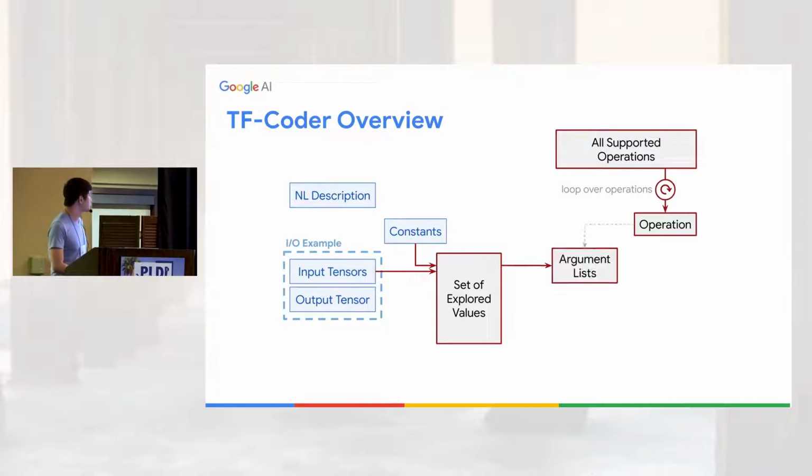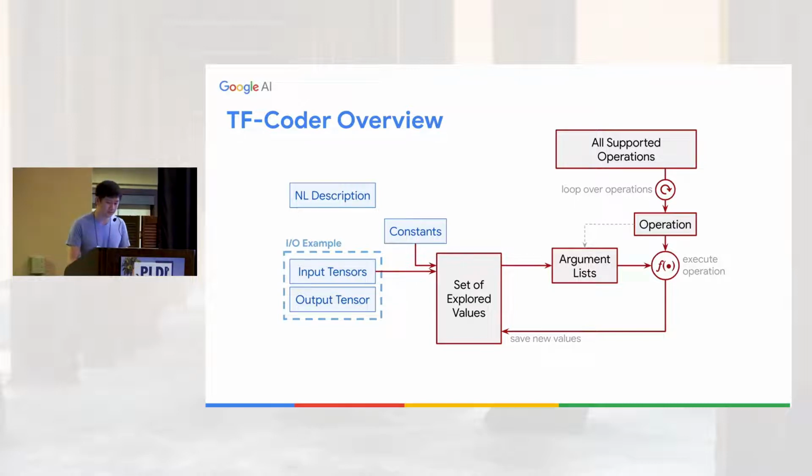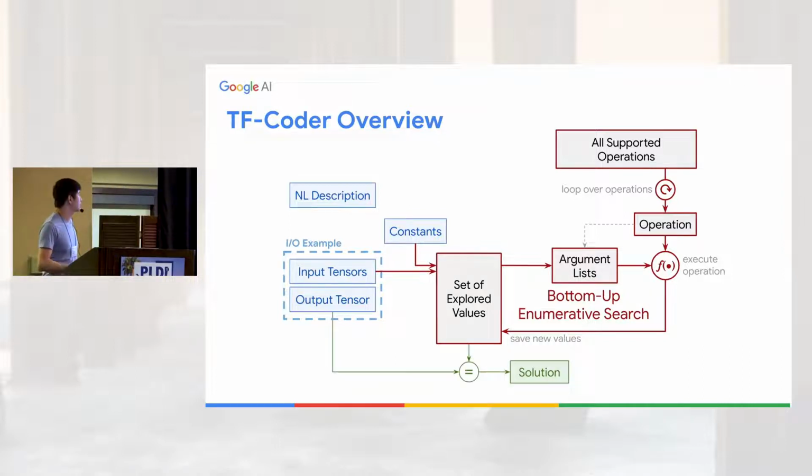For a given operation, we want to construct argument lists that are appropriate for the operation, where each argument is an element of the set of values that we've seen so far. Then we can apply the operation to the argument lists and save any new values that we find. We call this process bottom-up enumerative search. At some point, we might find a value that actually matches the output tensor, so we get a solution by recursively using the history of how we got to that value.